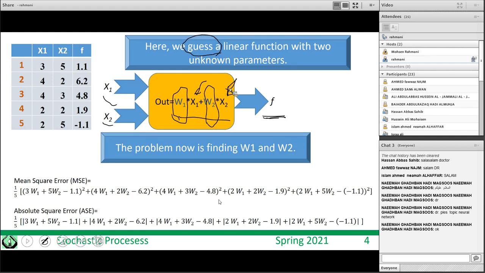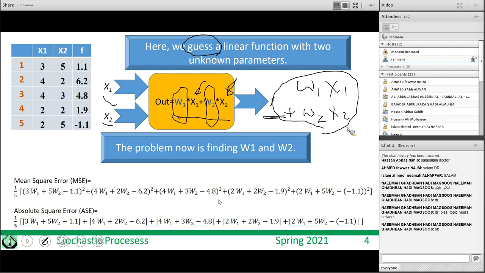We assume that the output is a linear function of inputs. It means that f is w1 times x1 plus w2 times x2.